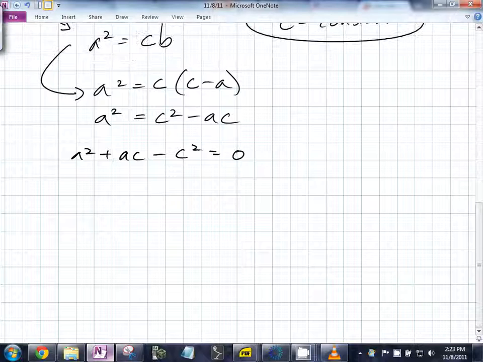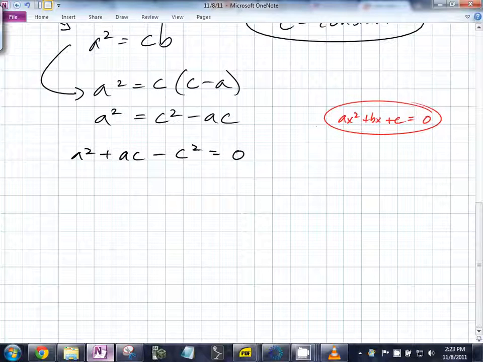Quadratic formula, right? The quadratic formula applies to ax squared plus bx plus c is equal to 0. The only tricky part about this is these are not the same a and c values. They are different. In this case, this a value is just the coefficient of what's being squared. What's the coefficient of what's being squared? 1. So in this case, for the purpose of this formula, a is equal to 1.